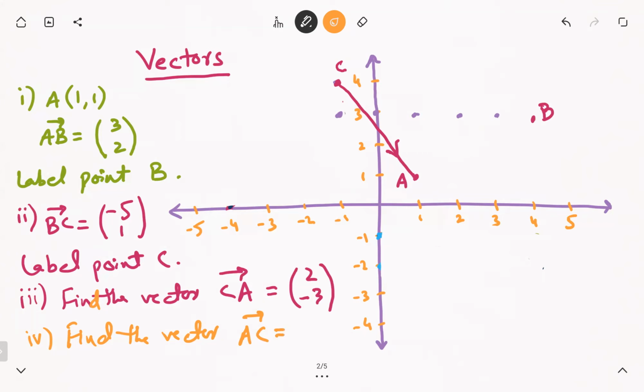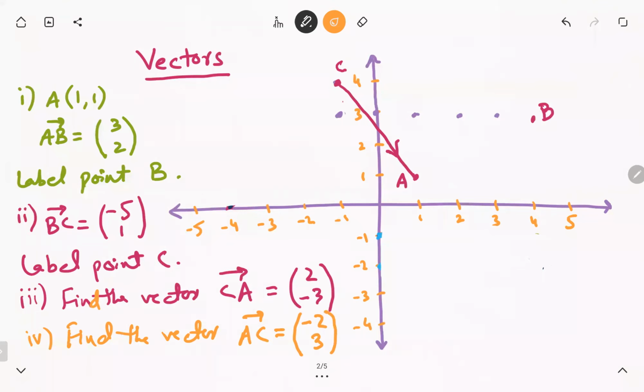Since you already have CA and you need to find AC, the opposite vector, you just change its signs. When you change the signs, positive 2 becomes negative 2 and negative 3 becomes positive 3. So this is the vector AC.